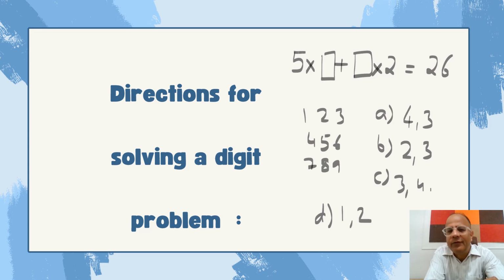But at this point the trainer must tell that the questions can start from a very simple level and go up to a difficult level as well. Thereby, I am shooting this video in three parts for digit challenge: 1, 2, and 3. The first is the introductory questions, the second would be slightly difficult, and the third would be even more difficult.